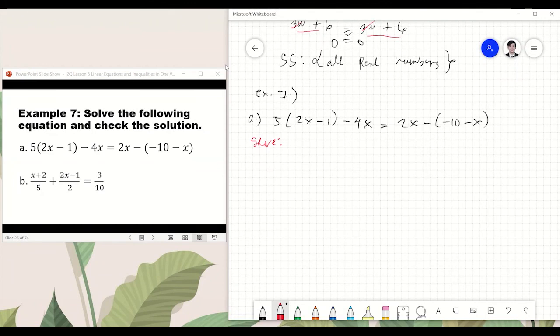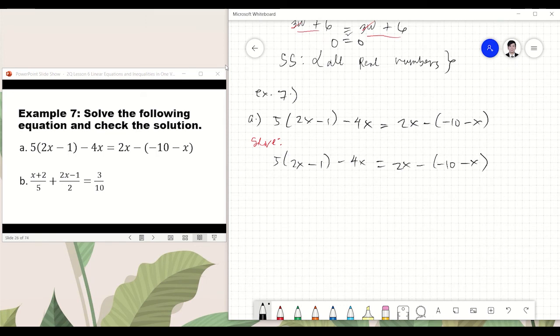So, we're asked to solve 5 times the quantity of 2x minus 1, quantity minus 4x is equal to 2x minus the quantity of negative 10 minus x. So, isi-simplify muna natin yung left at saka right side natin.